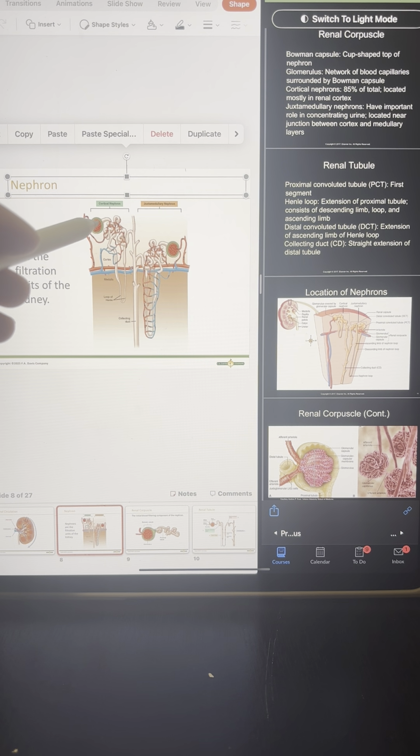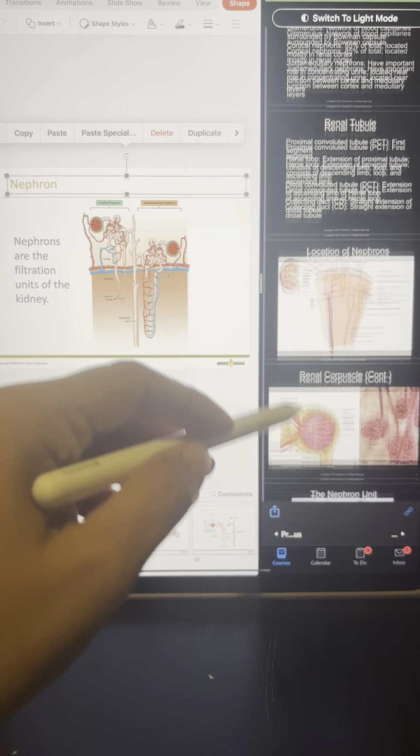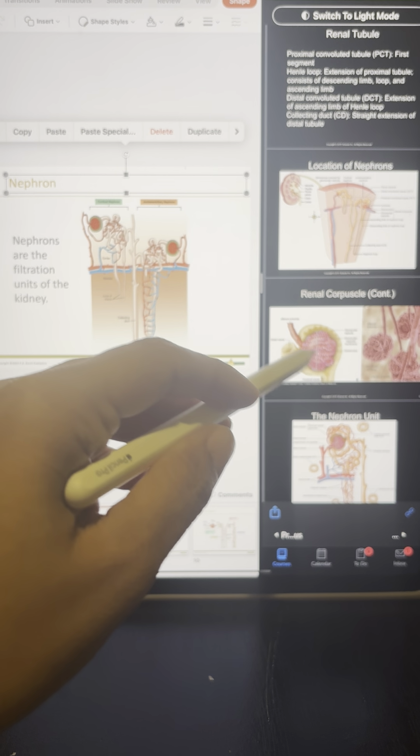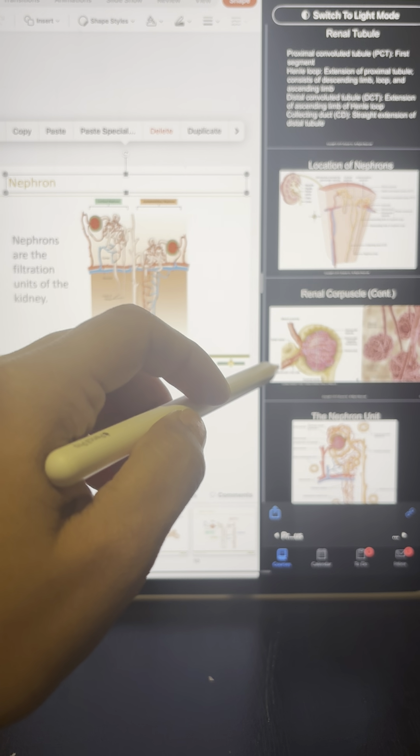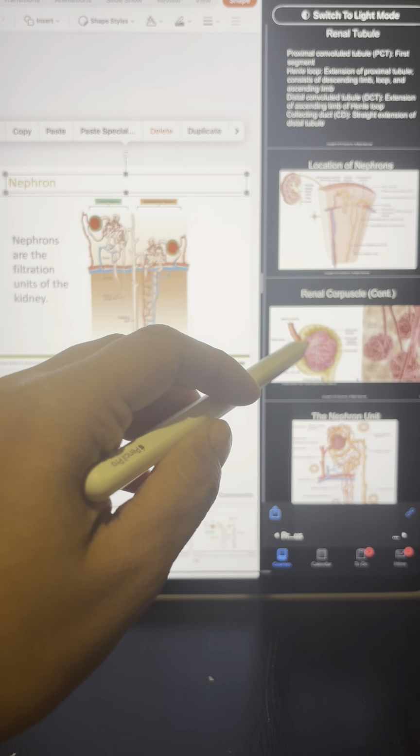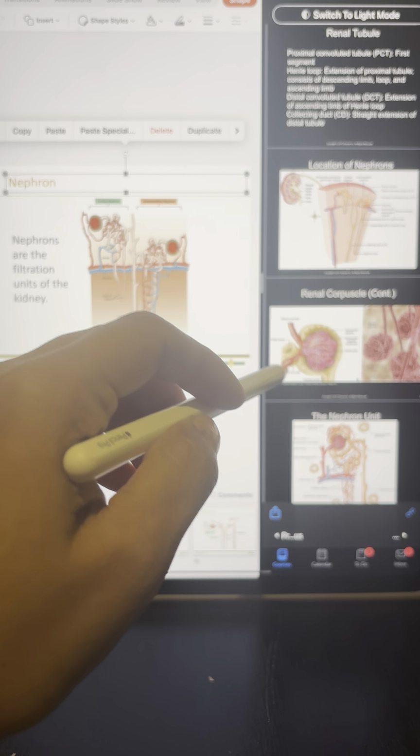Afferent is arriving. So the blood is coming into the glomerulus. Once it is cleaned out, it will leave through the efferent arteriole. Right here is your afferent, where it comes in, goes through all these little tubes, and then leaves your efferent.